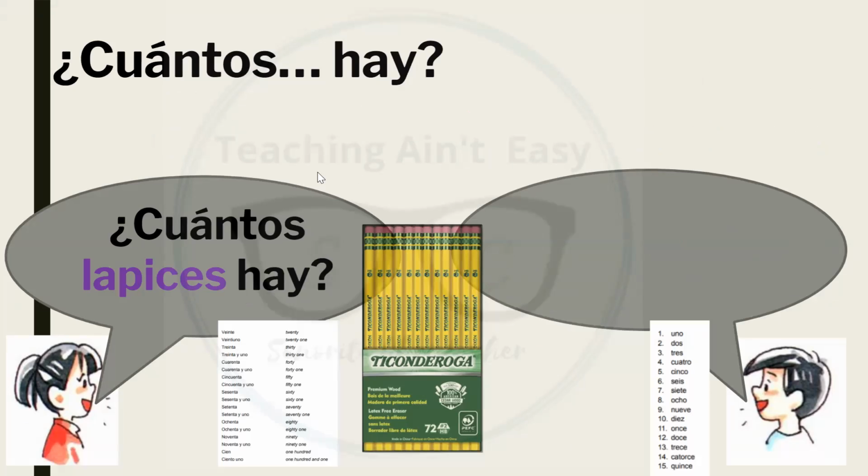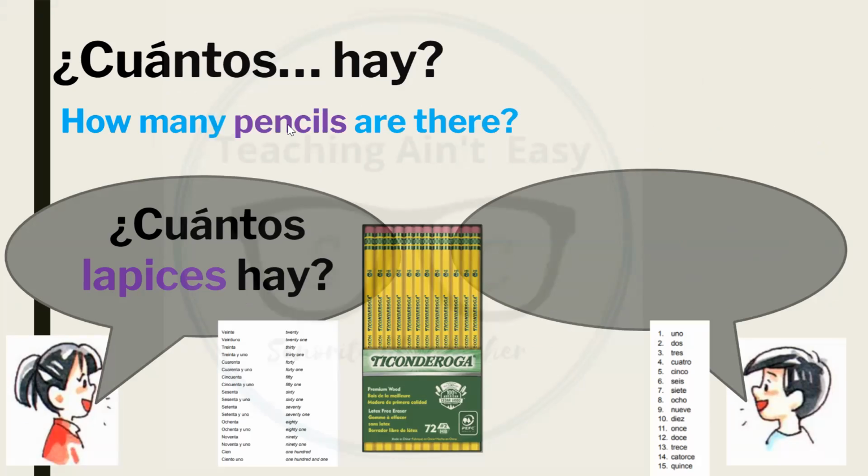¿Cuántos hay? In this example, we are asking how many pencils are there? Notice the specificity of the question says, ¿Cuántos lápices hay? Well, instead of counting how many pencils there are, it indicates to us on the box that there are 72 pencils.